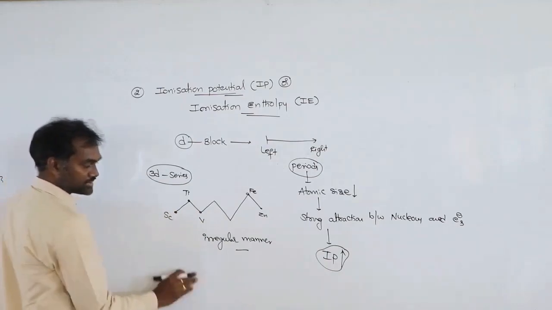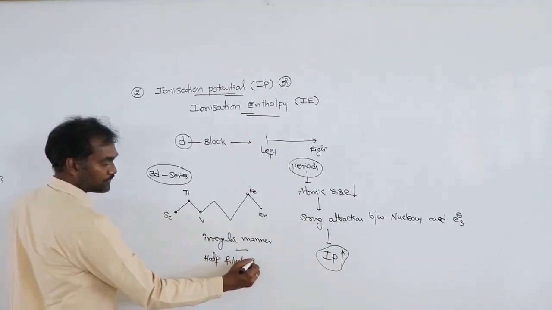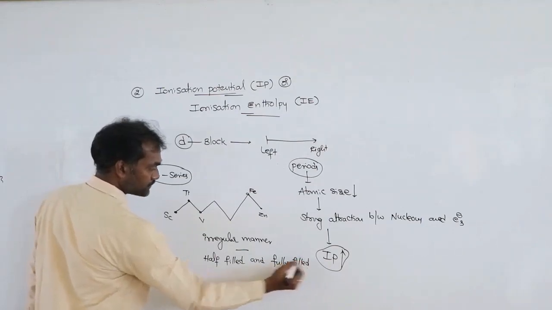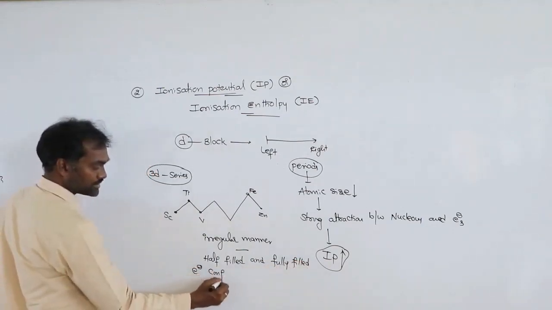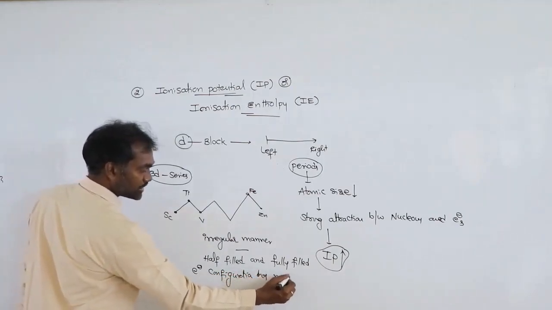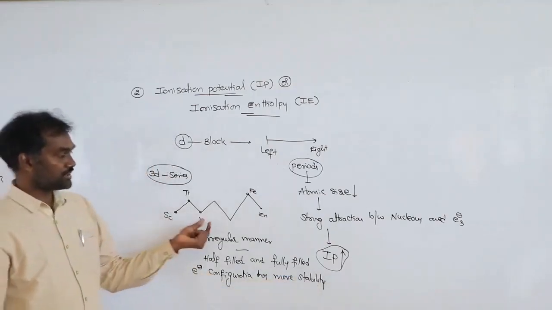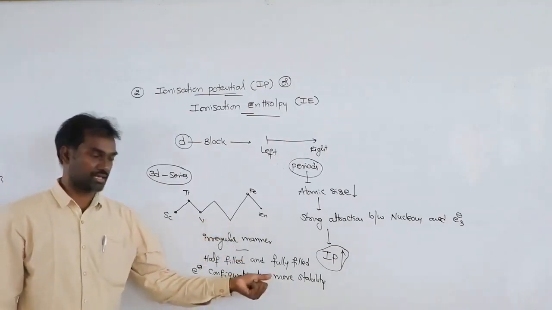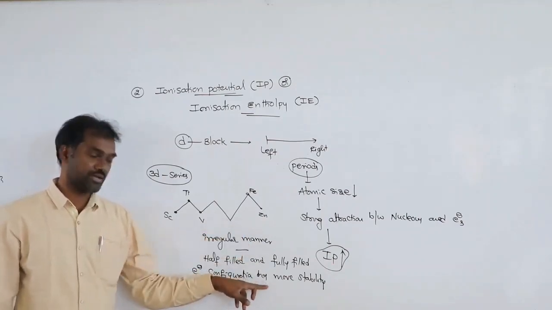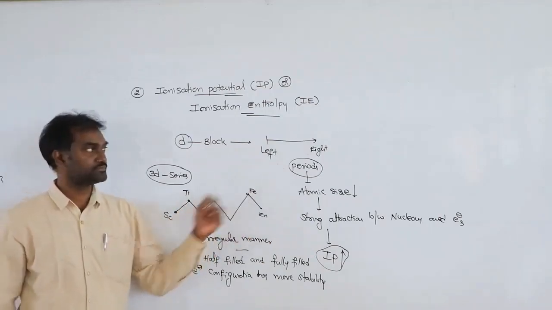Because of half-filled and fully filled electronic configurations, which have more stability. So suppose manganese is there, it readily loses electrons. Our expectation is that they would not give, but for the purpose of a half-filled electronic configuration they readily give. That's why you get an imbalanced manner.